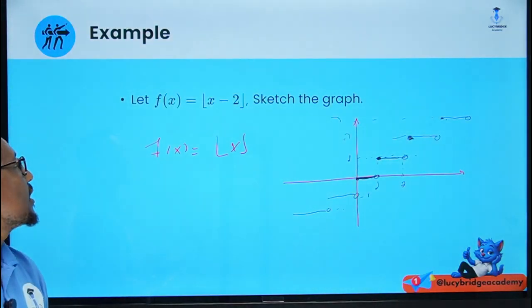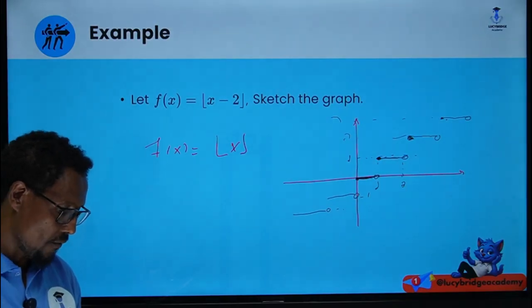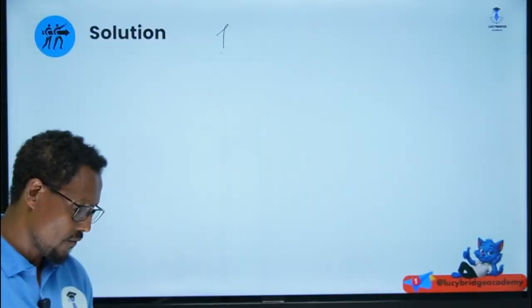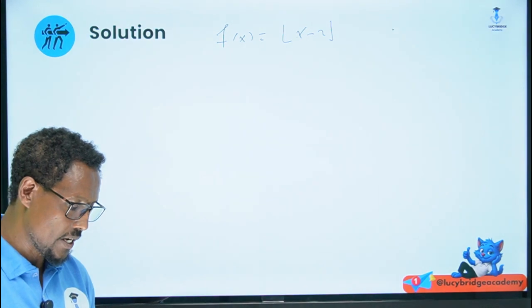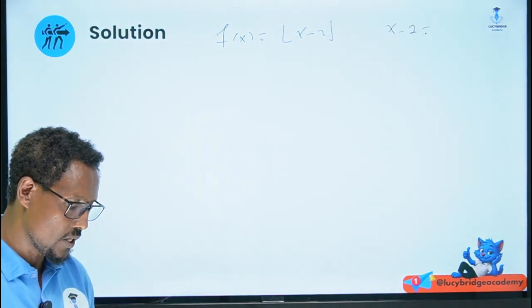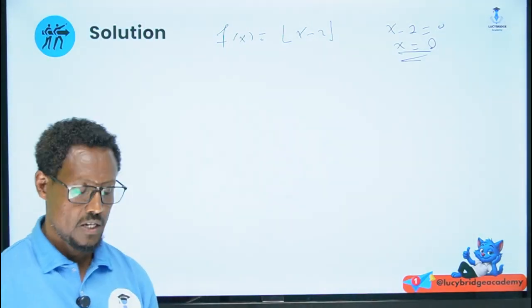Now f of x is equal to floor of x minus 2. That means take x minus 2 equal to 0, x is equal to 2. So the floor of x is shifted 2 units to the right.